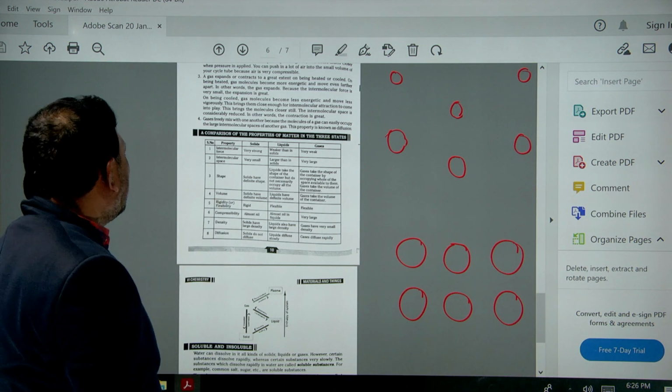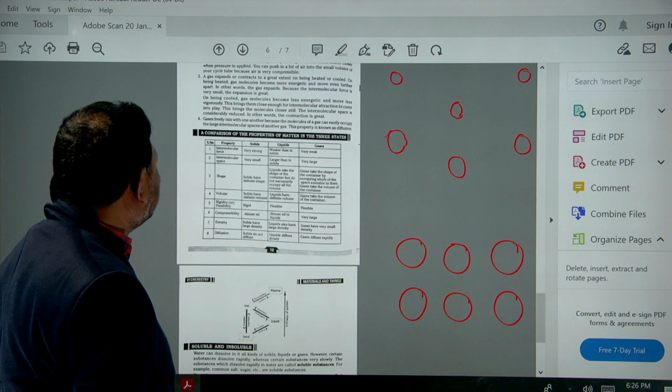The next property is rigidity or flexibility.